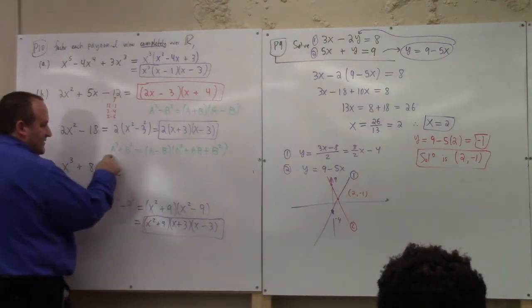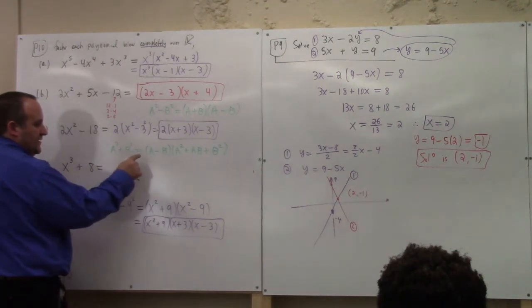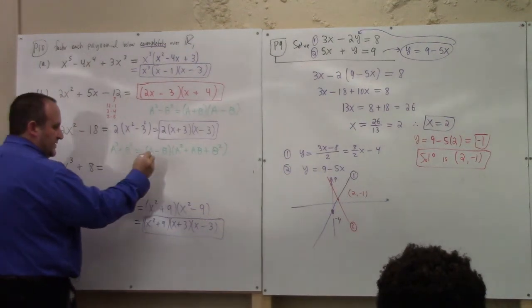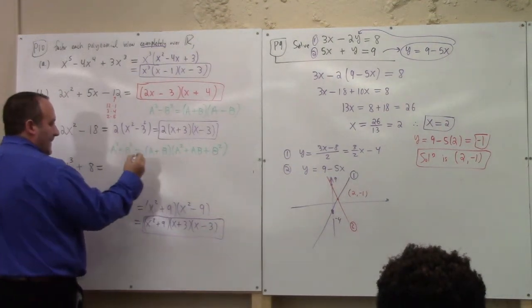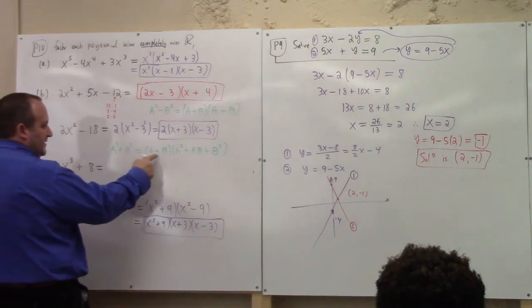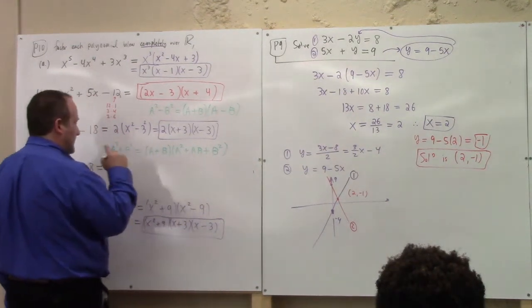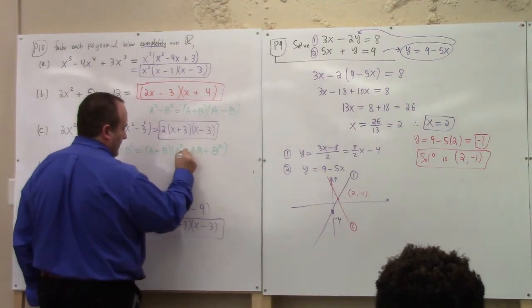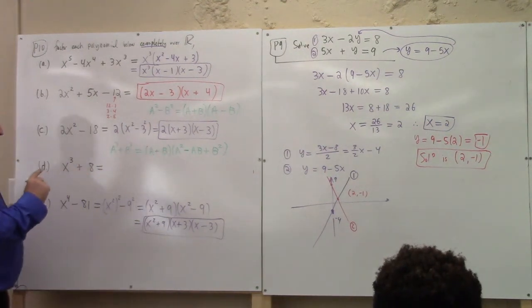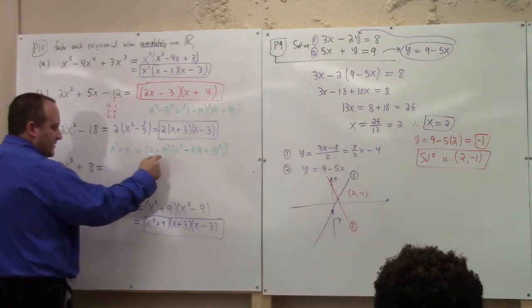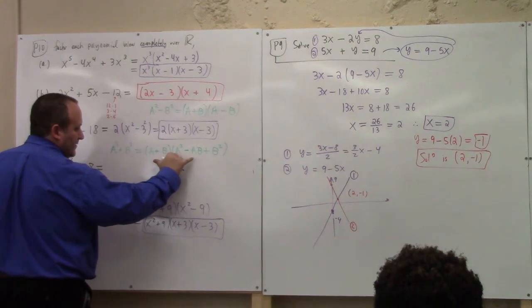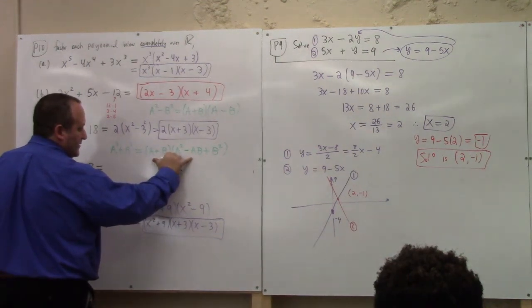A times a squared is a cubed. Oh, no, my bad. Maybe it's the plus b here. But there's got to be a minus somewhere in here. Maybe it's minus ab. Let me try that. So I get a cubed, I get my b cubed, I get plus ba squared, I get minus ba squared.